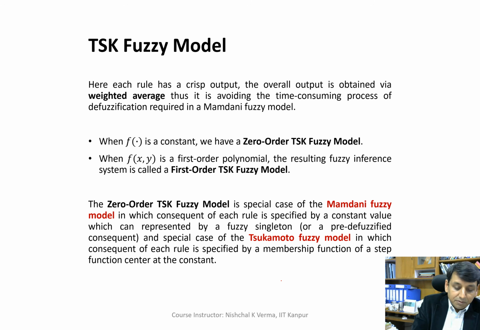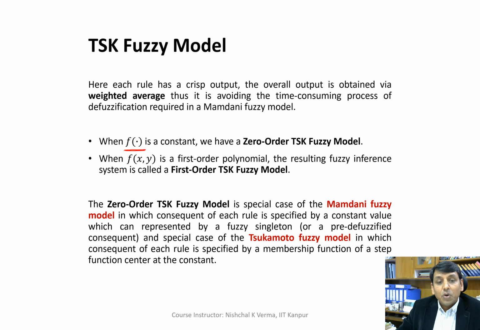Here we can have f, the polynomial, as a constant, and if we have such a case, then we call this the zero order TSK fuzzy model. We'll discuss this in detail in coming slides. And when f(x,y) is a first order polynomial, the resulting fuzzy inference system is called the first order TSK fuzzy model.